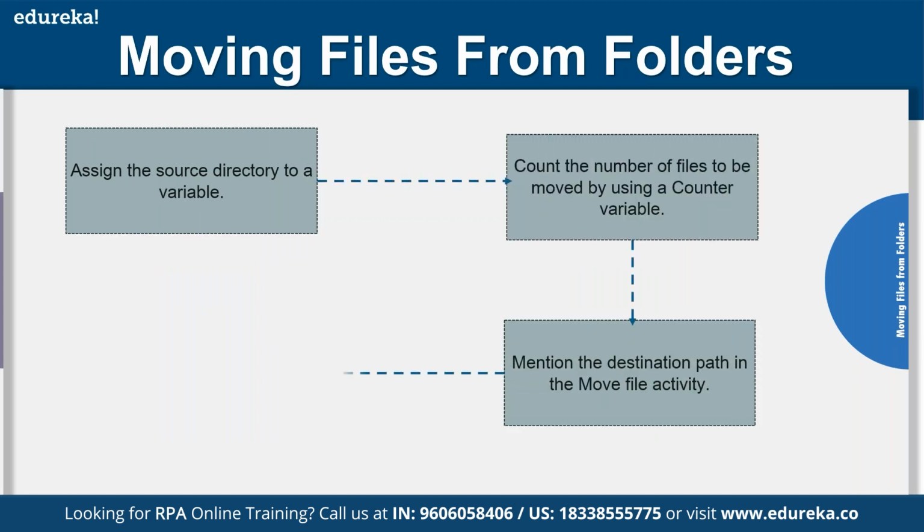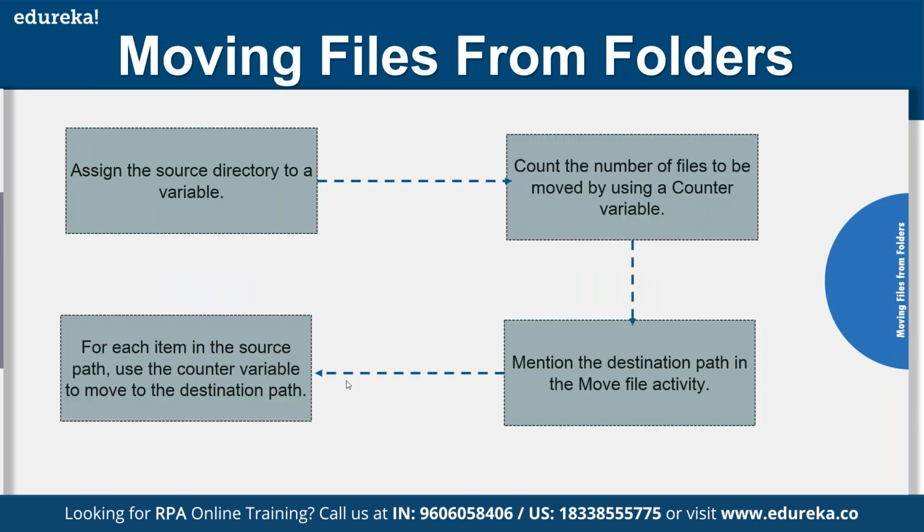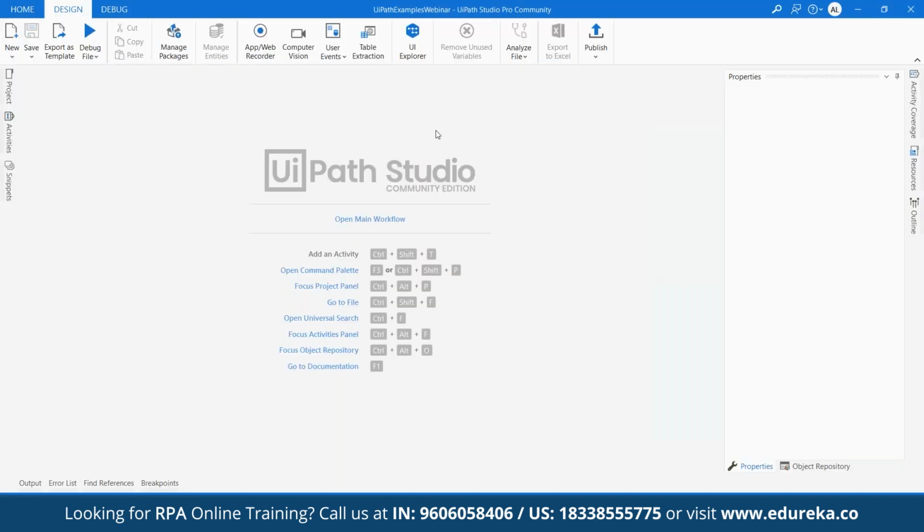To do that, we have to do these activities: assign the source directory to a variable, get the path of the source directory into a variable, get the number of files that you have, mention the destination path, and use loops to move the files from one folder to the other.